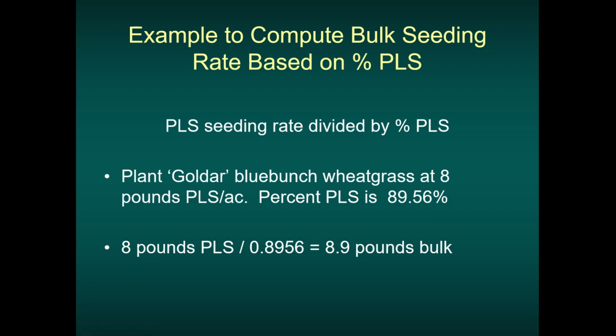And this lot of seed has been calculated to have 89% pure live seed in it. So you divide 8 pounds by 0.895 and you come up with 8.9 pounds bulk. So what that means is to apply 8 pounds of pure live seed per every acre, you actually need to put on 8.9 pounds of the seed that you've got from the commercial vendor.